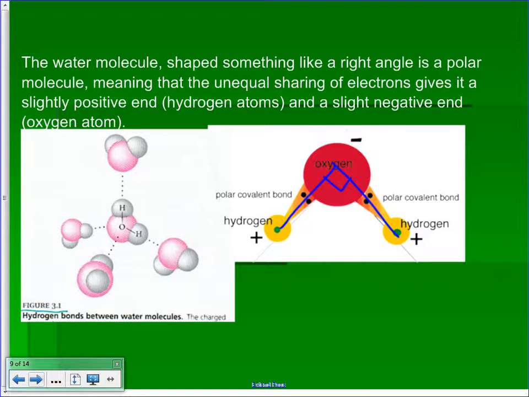But again, you can see here that one water molecule can hydrogen bond to 4 others. That allows a fair amount of surface tension between water molecules and other water molecules. So that's kind of how that happens.